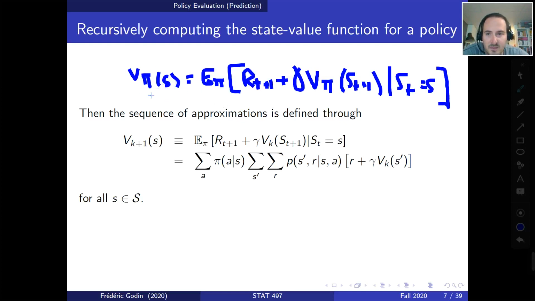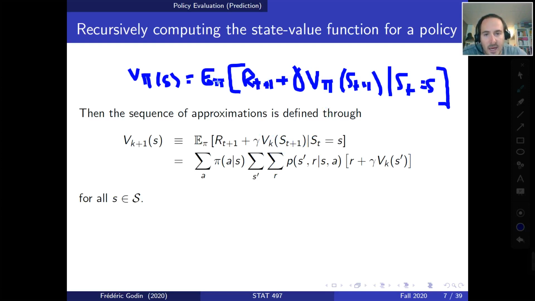We could express the value function in the states as the expectation of the reward plus the discount factor times the value function at the successor state. So here, what we're going to do in the rule below, we're going to replace v pi, which is unknown, by the current estimate of it. So we replace v pi by vk.